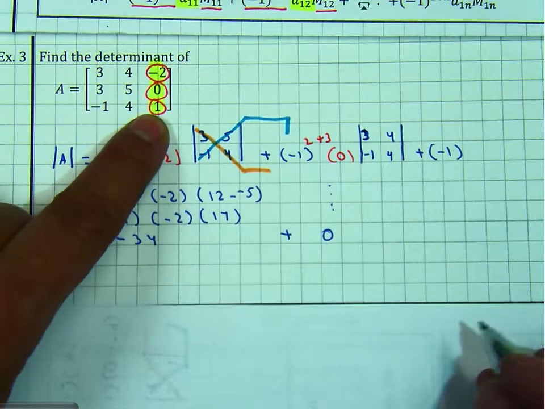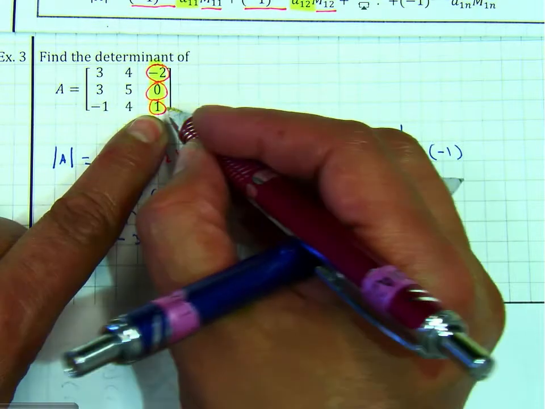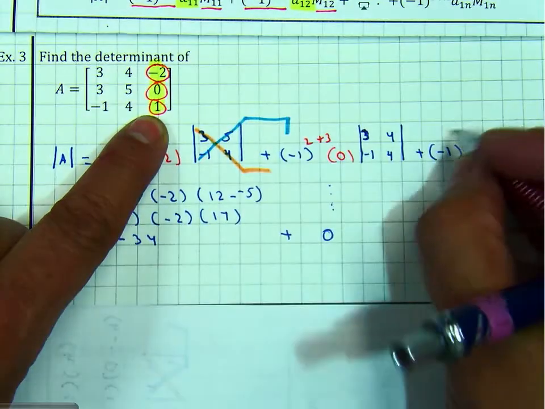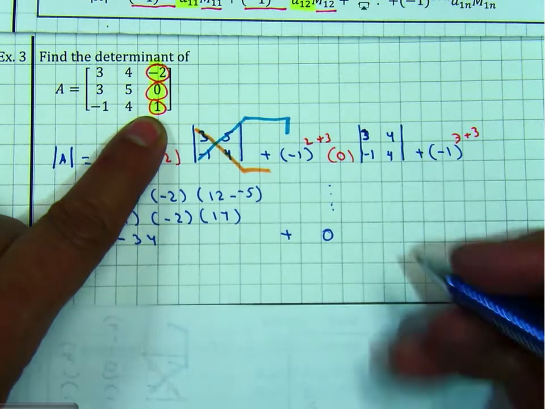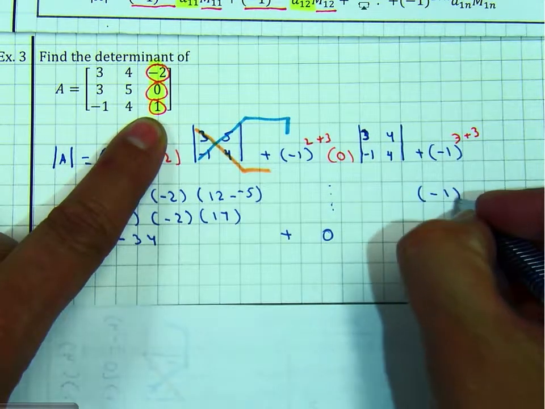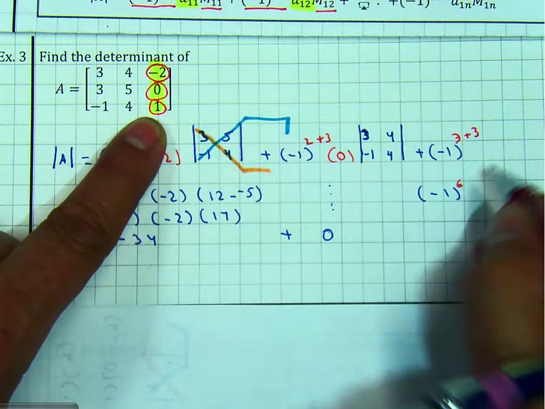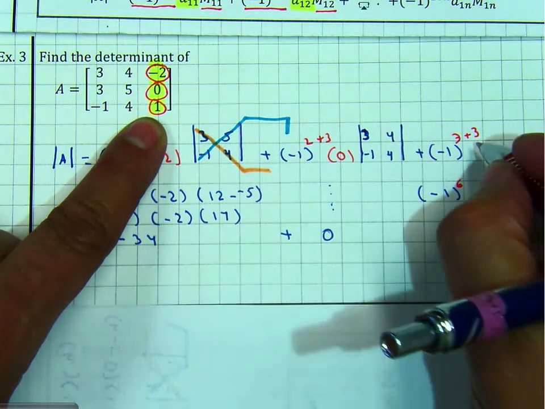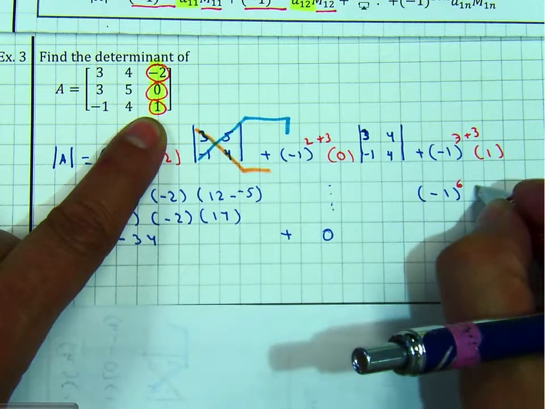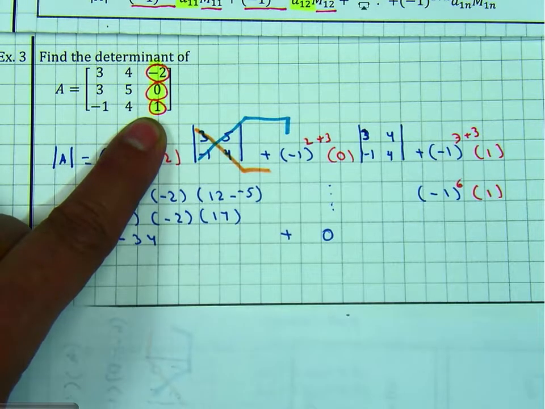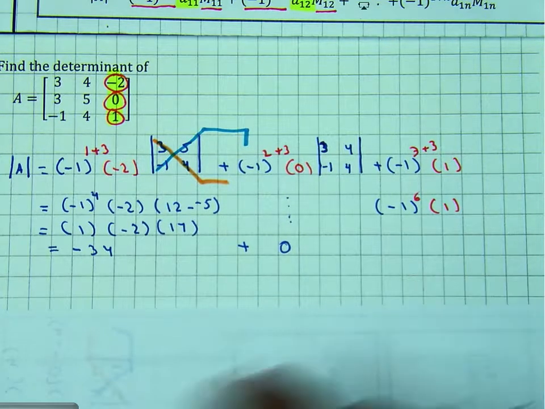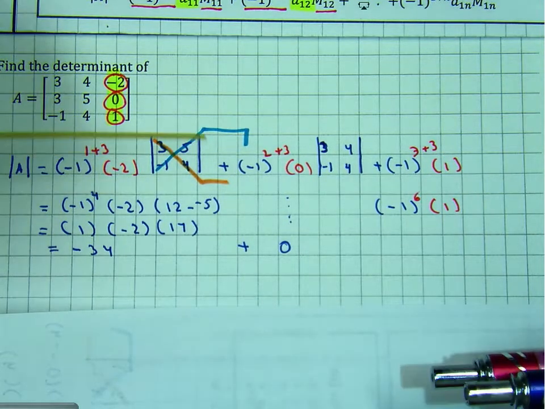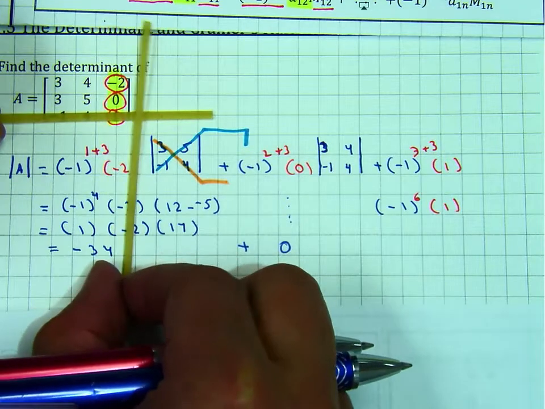This will be -1, and I'm going to continue with the next number, which is 1. So this is my third row and my third column, so it'll be 3 plus 3. So therefore this will be -1 to the 6th power, multiplied by the number itself, which is 1. And last, I need to find the determinant of the matrix that I get when I delete the row and the column.